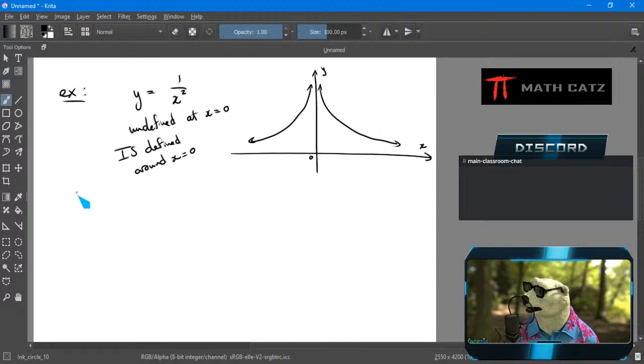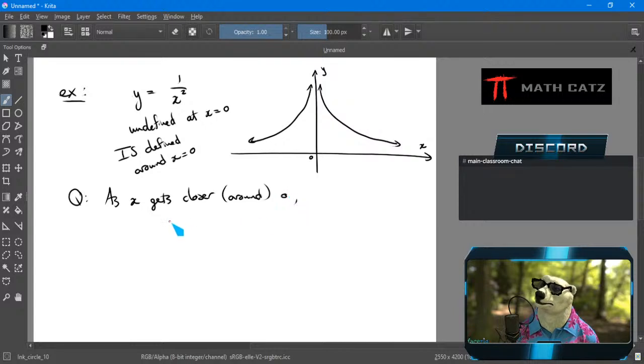So now the question is, as x gets closer, around 0, how does the function y behave? That is the question.